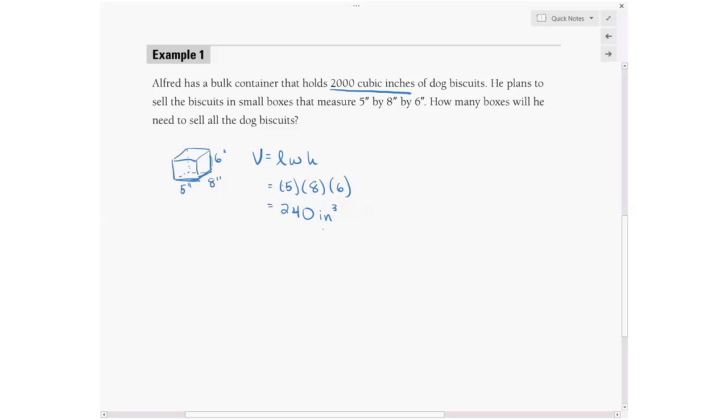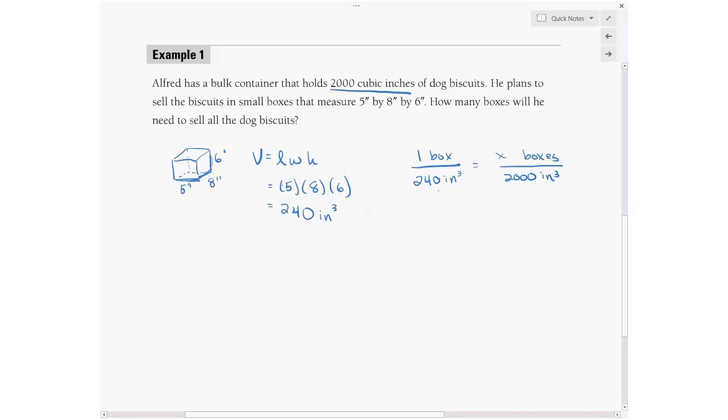So we've got one box is 240 cubic inches. He has 2,000 cubic inches of dog biscuits. How many boxes do we need? Well, we've got that one box holds 240 cubic inches. How many boxes will hold 2,000 cubic inches?